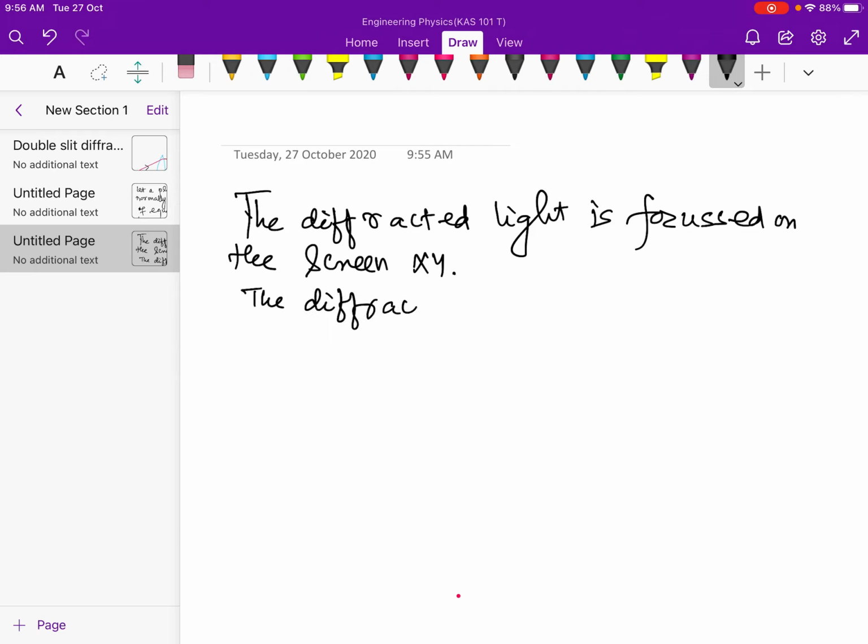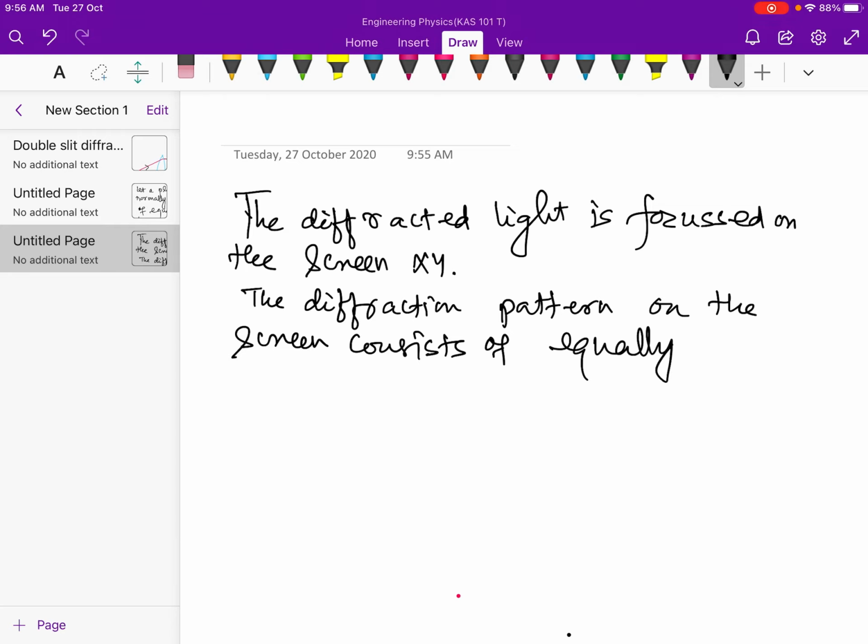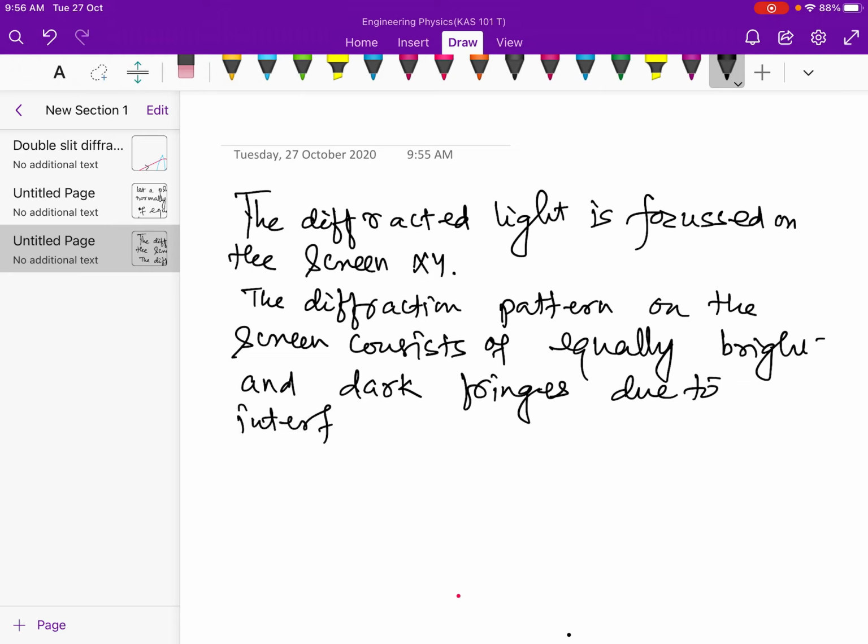The diffraction pattern on the screen consists of equally bright and dark fringes due to interference of light from both slits.